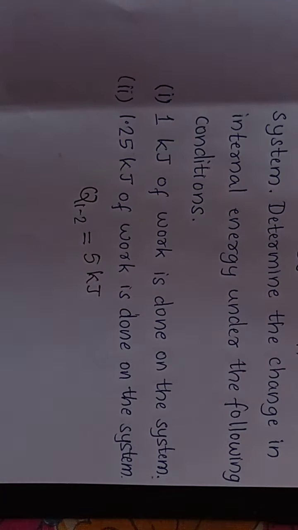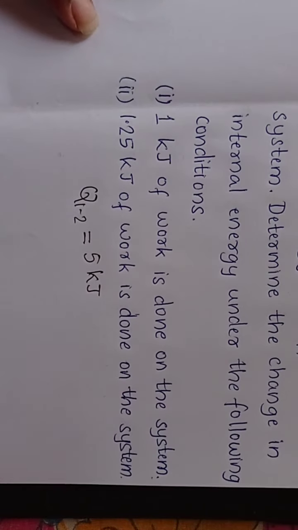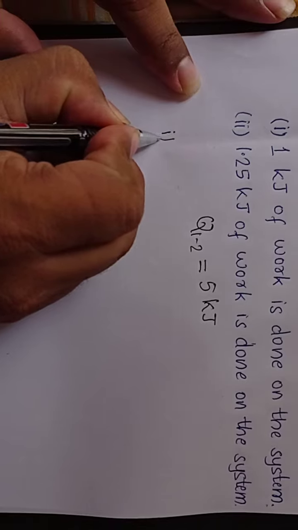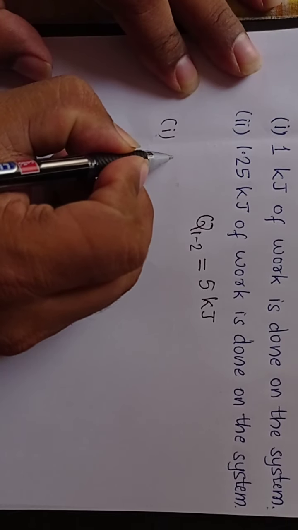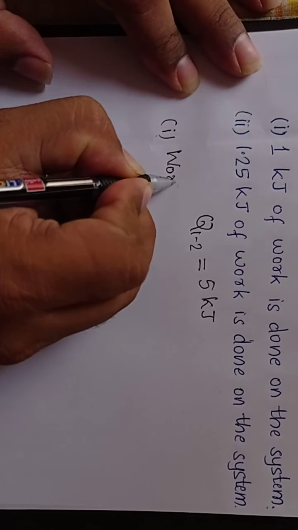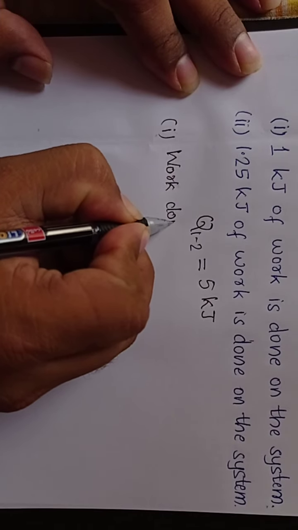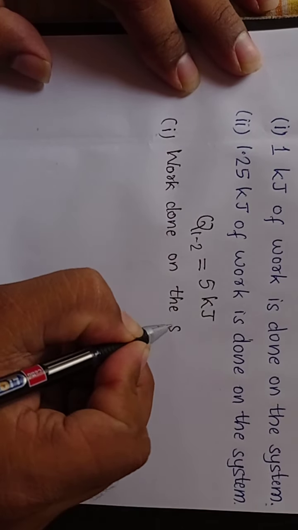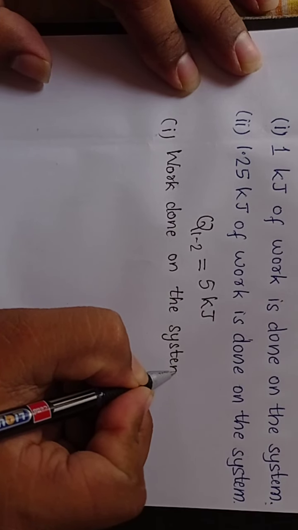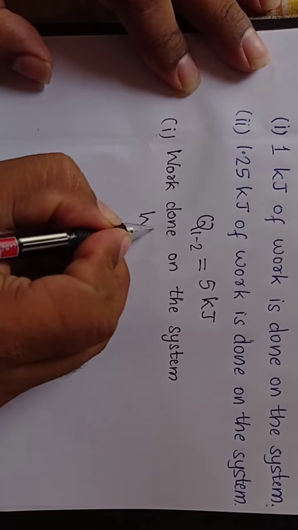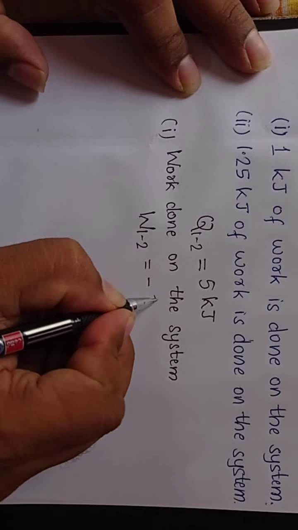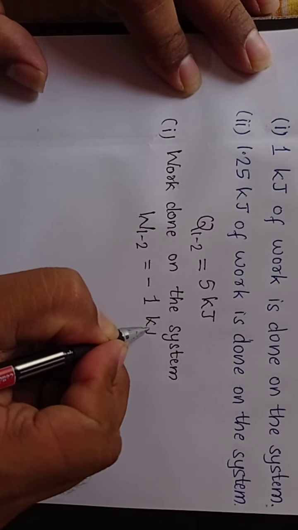He says that we'll take up each case now. In the first case, work done on the system, W12, is given to us. As it is work done on the system, it is minus 1 kilojoule.